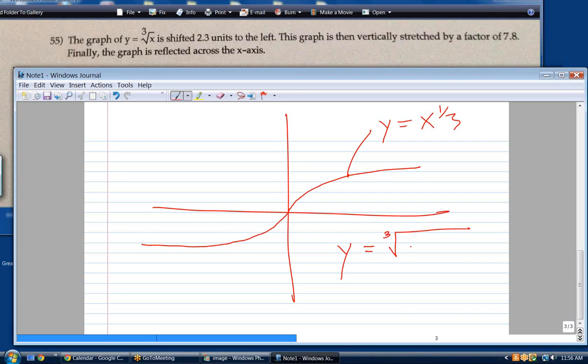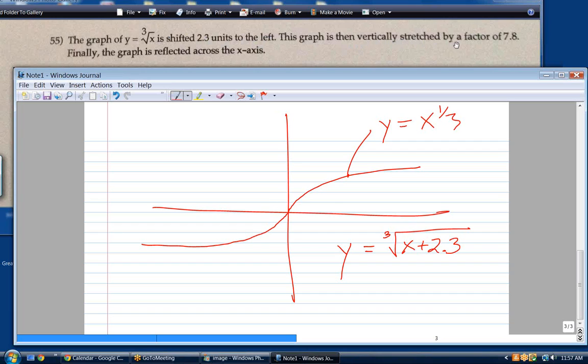Is it inside? Yeah, because the horizontal shifts are inside the function. Vertical shifts are outside the function. If this 2.3 was out here, that would be a vertical shift. It wouldn't be a horizontal shift. Right. Okay? So that takes care of the 2.3 unit shift to the left.